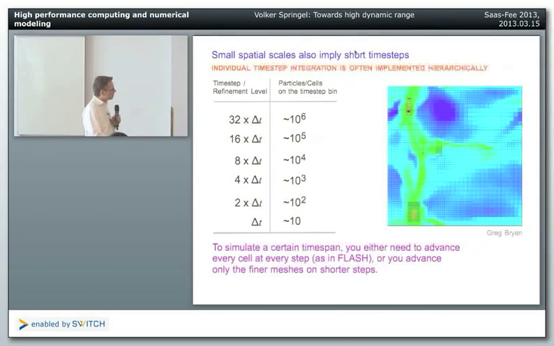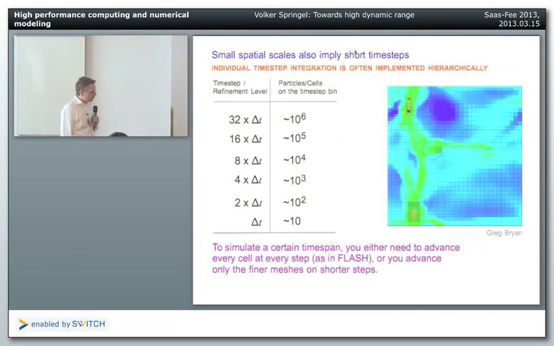The dynamic range in time is then basically the difference between the smallest time step that you need for some of the cells and the largest time step that's sufficient for most of the cells. Generically, there are only a few cells in the tail of the time step distribution, while the bulk has much larger, longer time steps.